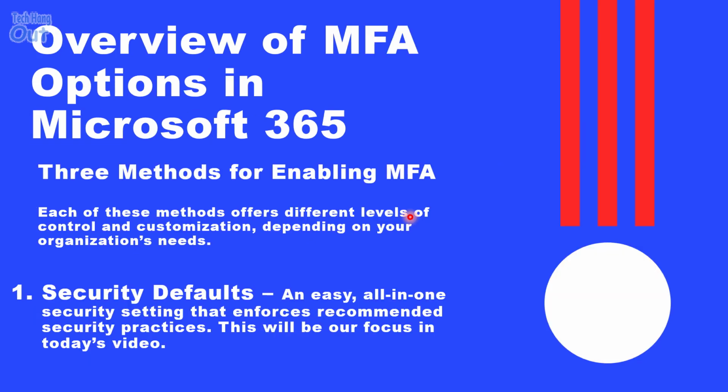On the next slide I have here, overview and options in Microsoft 365. So basically we have three methods that I know of to enable MFA in Microsoft 365. Each method actually offers different levels of control and customization, and this also depends on what the organization really needs. But in this class I will focus on just one of it, which is security default.